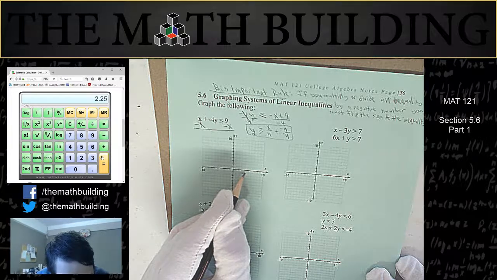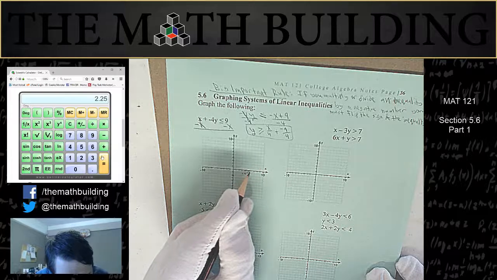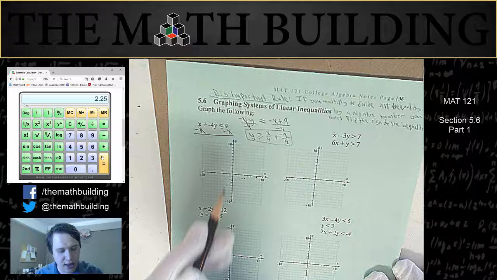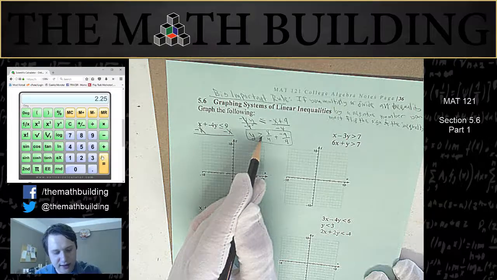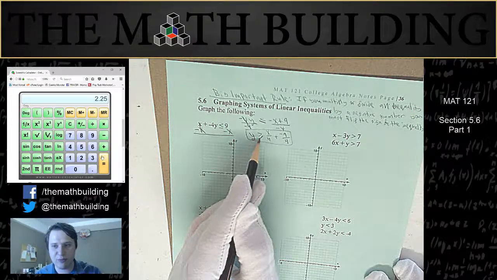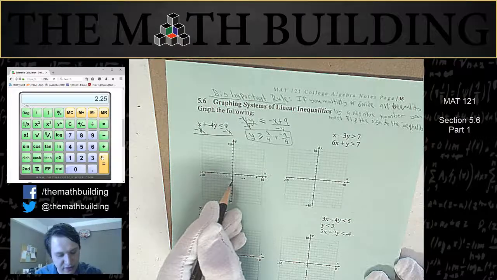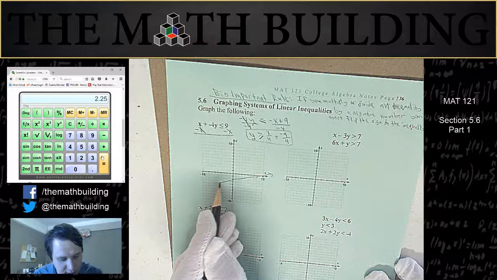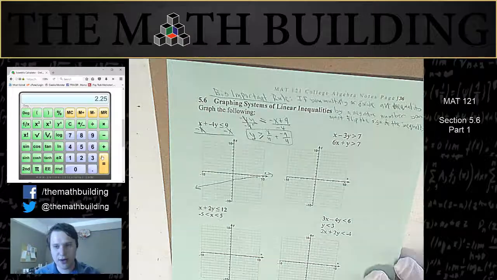Oops, there it is. Up 1 over 4, and so on. So there's our line. Now notice we have the equality here, so the line itself is part of our answer. So it's a solid line. Okay, so that's part of it.